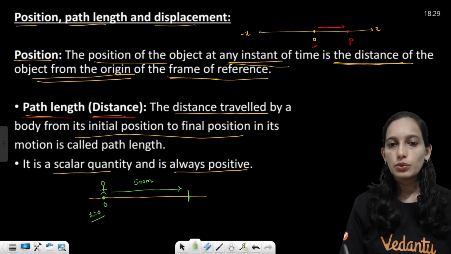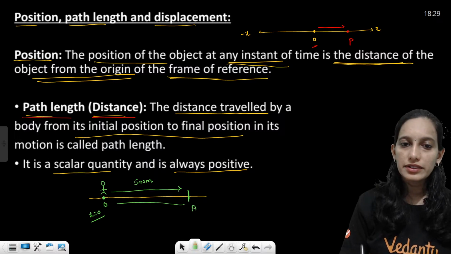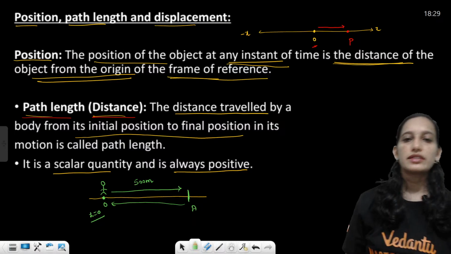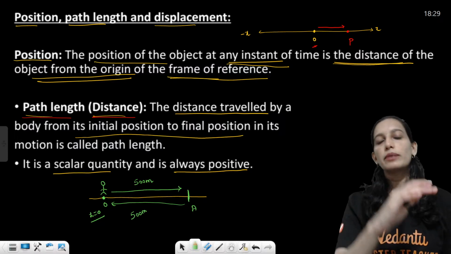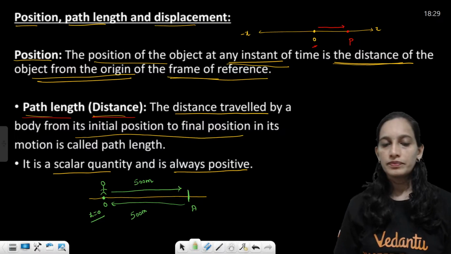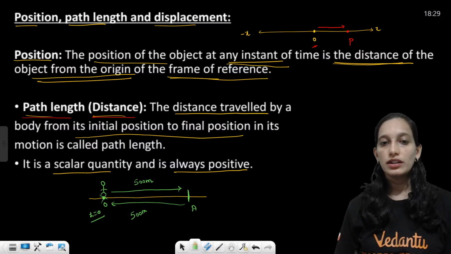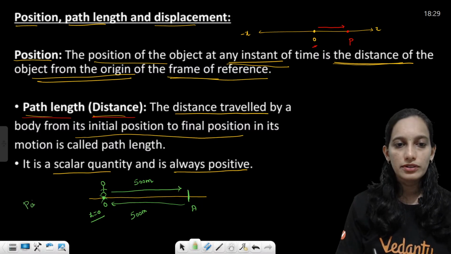Let me say this is O, this is A. Next, he will come back in the reverse direction. Again he travels 500 meters in the opposite direction to come back to his initial position. As I said, I have taken our starting position as the origin. Now if I ask you what is the path length in this case, can someone respond in the chat box?